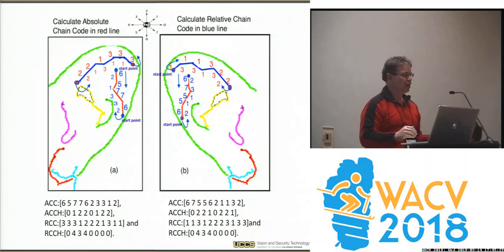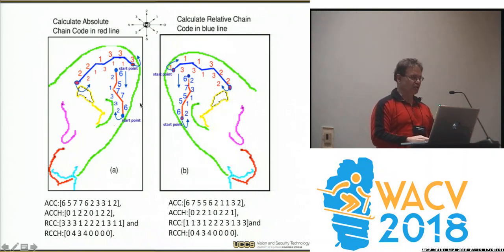Now, why is this interesting? Well, absolute chain codes are actually useful, so if I do this red line here, I get 6, 7, 5. This is representing a particular curve. And now I'm effectively matching curve shapes from one image to another. So here's a reflection of the ear, and the absolutes match in an absolute orientation sense. The blue ones, which are relative, actually match exactly, even though I did a flip of the image.